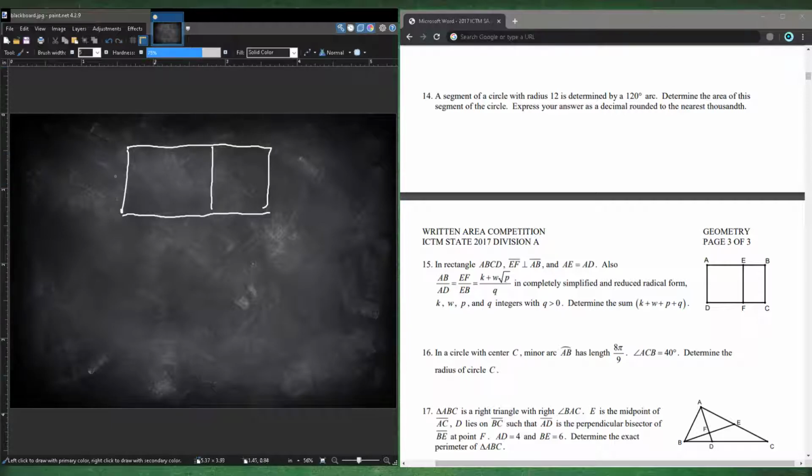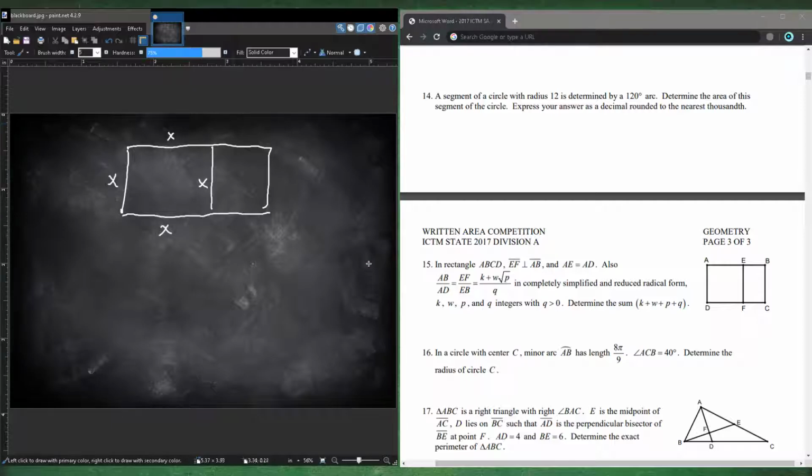So let's say this is x, right? So this is x, and this is x, and this is x, right? Because they say AE equals AD. And then they said AB divided by AD is equal to EF divided by EB.